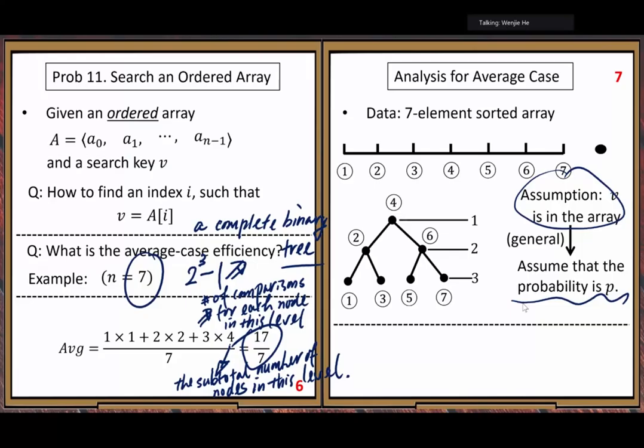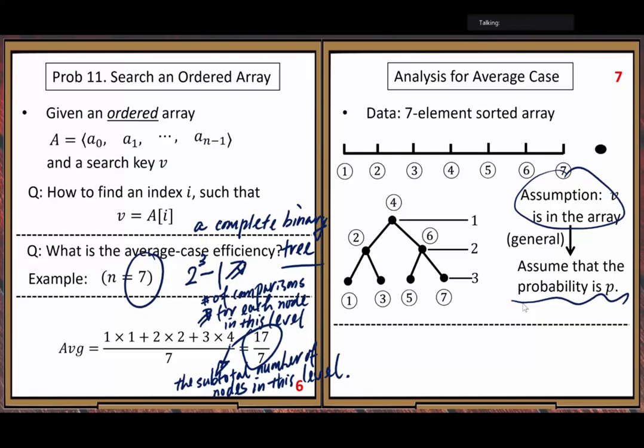The error is that many students understand the average case efficiency in a wrong way. So what's that? Their logic is like this.